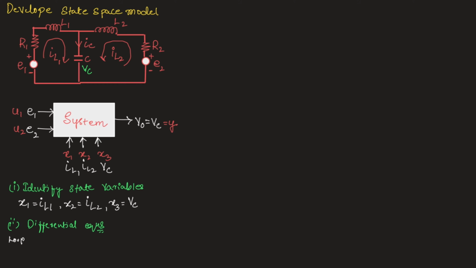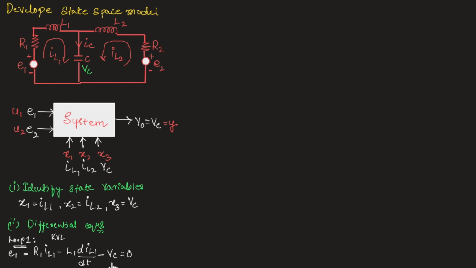For loop 1, we can write E1 minus R1 IL1 minus L1 dIL1 divided by dt minus Vc is equal to 0. So we have applied KVL to loop 1 and obtained this equation.